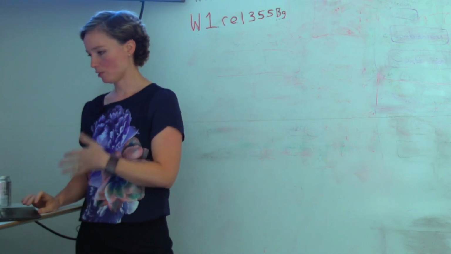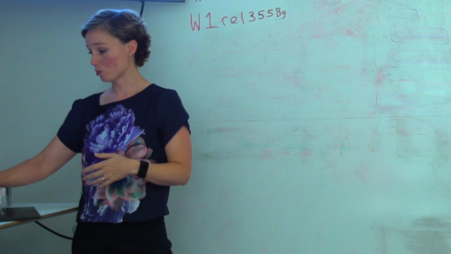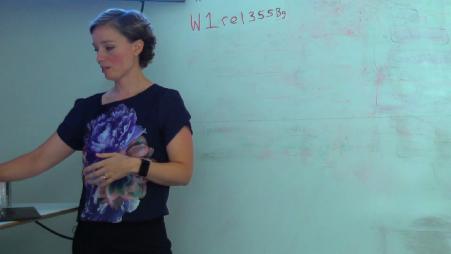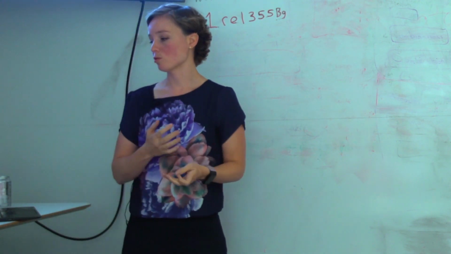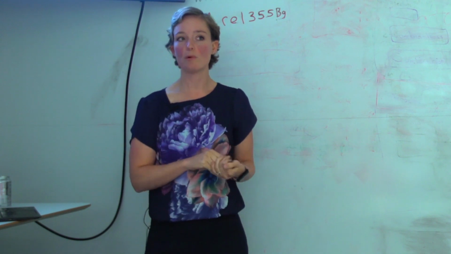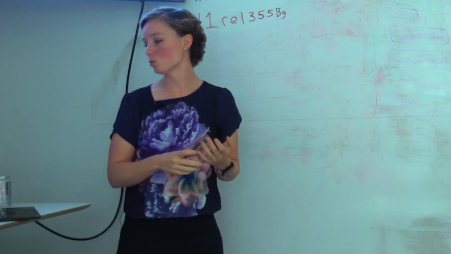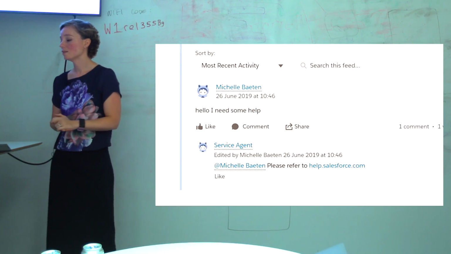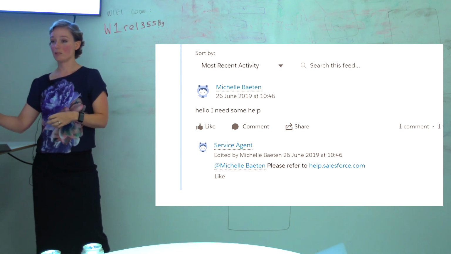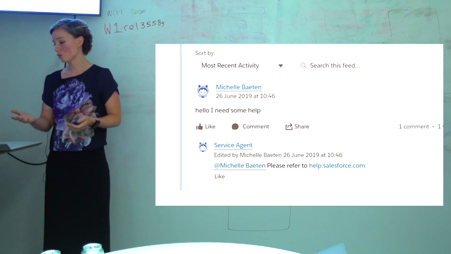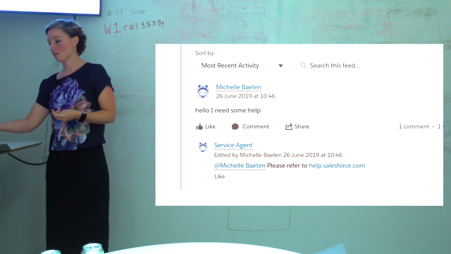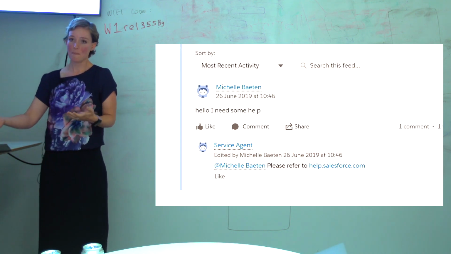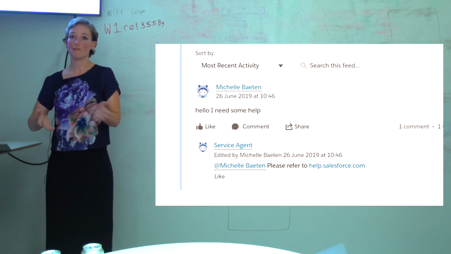So to go back to our example, what we want to accomplish is something like this. So someone posts on chatter saying, I need help, or any other thing that you want to trigger. And we want an automated reply from a standard user, in this case an agent, saying, with an at mention, please go there for help.